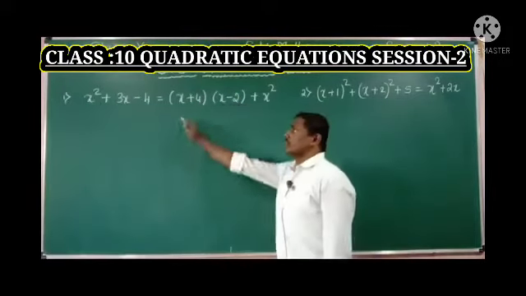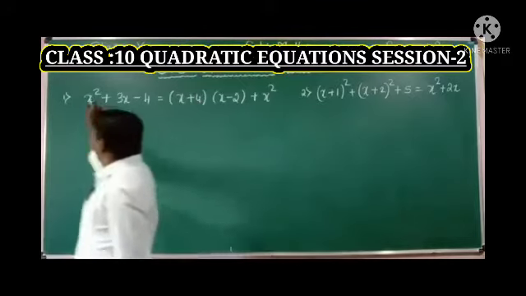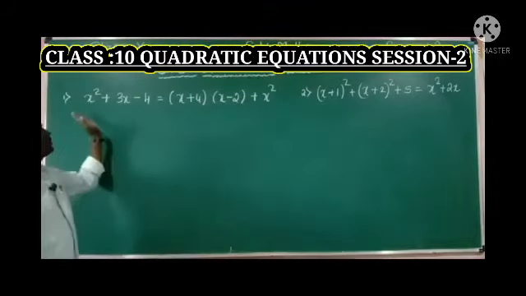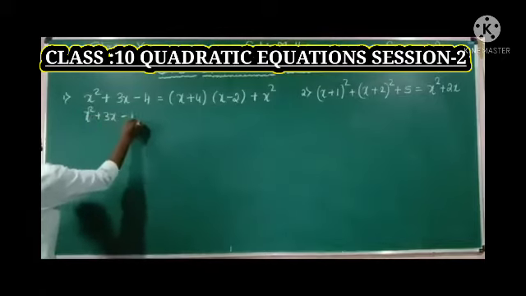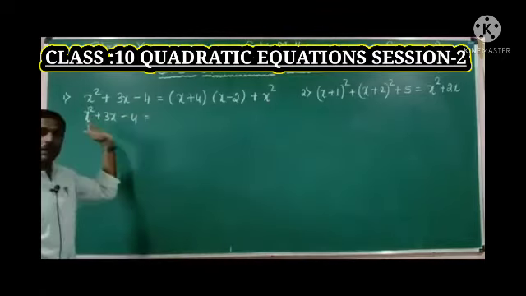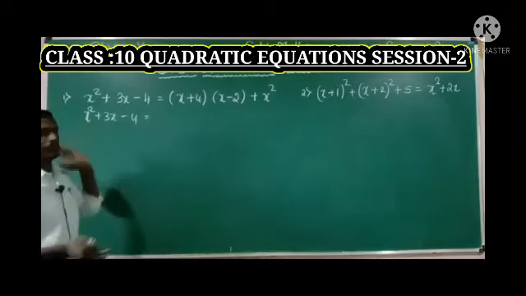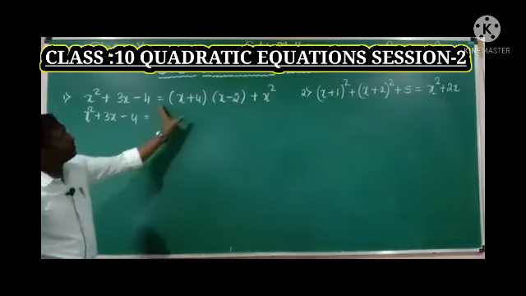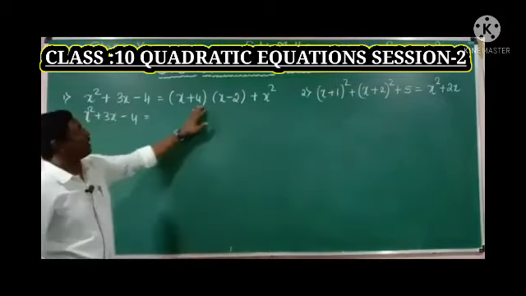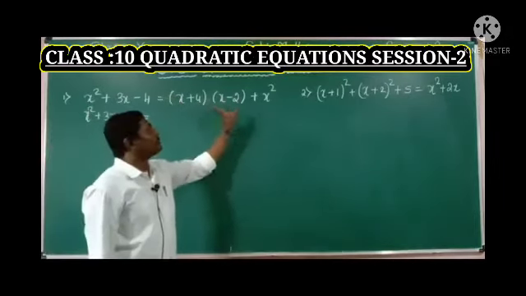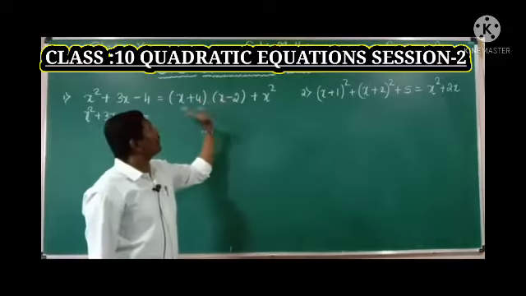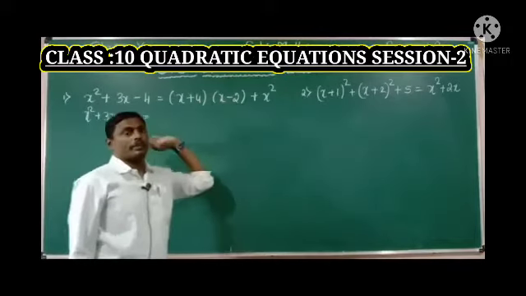So first solve the given equation. The LHS part of the given equation is x square plus 3x minus 4. Write it as it is because it is already in simplified form. Right? Simplify the RHS part. Here the product of binomials is there. So first multiply the binomials.